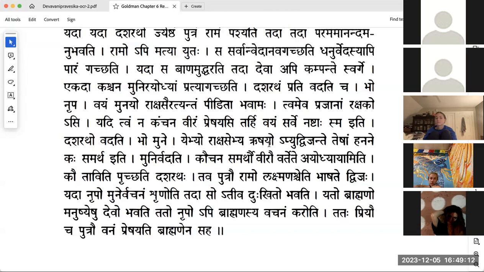I know. This is befuddling. But like everything with Sanskrit, in time it becomes natural. But in this one, I really think this is where the reading for emphasis helps. Yebyaha rakshasebyaha rishayo api udwijante, tesham hanane kahasamarta iti.